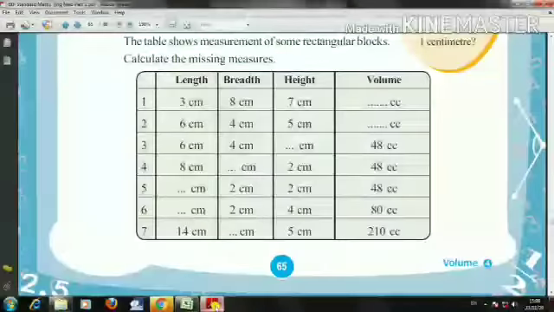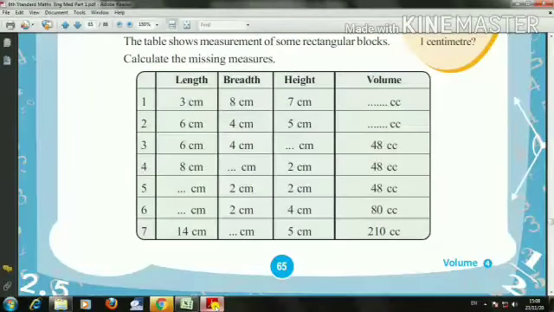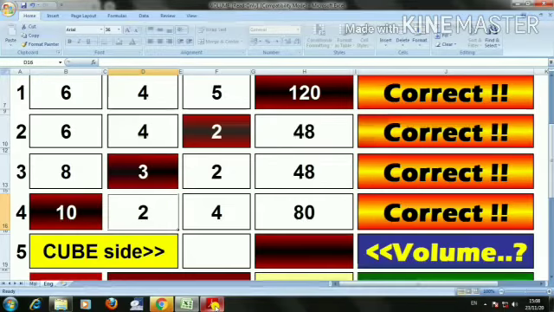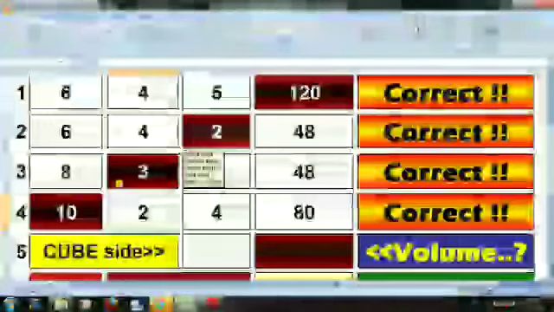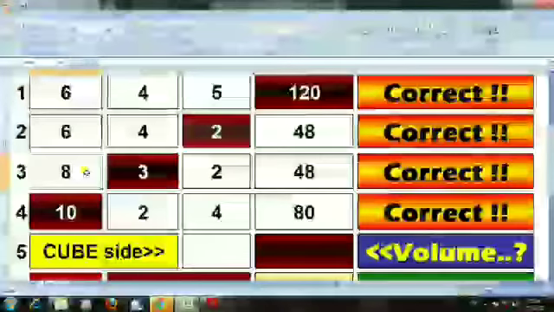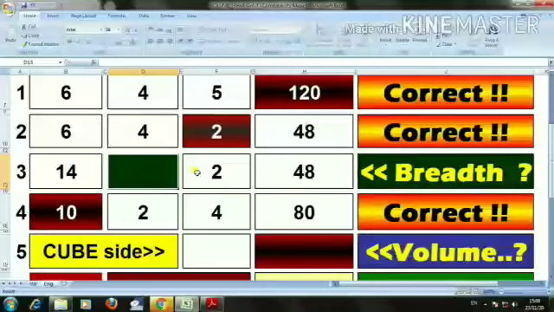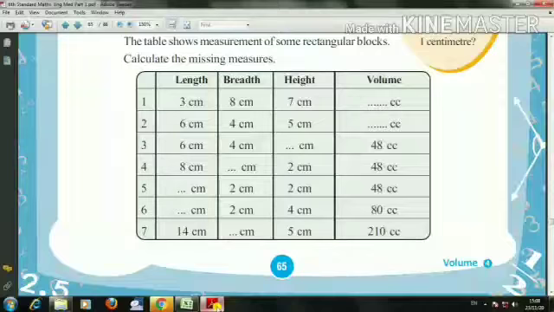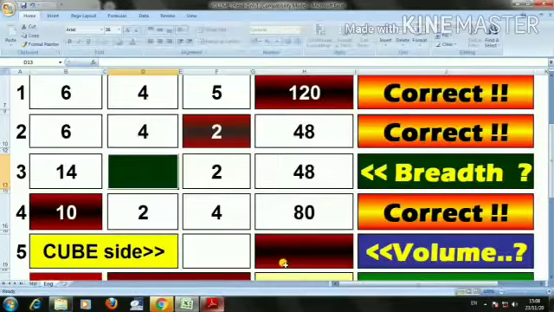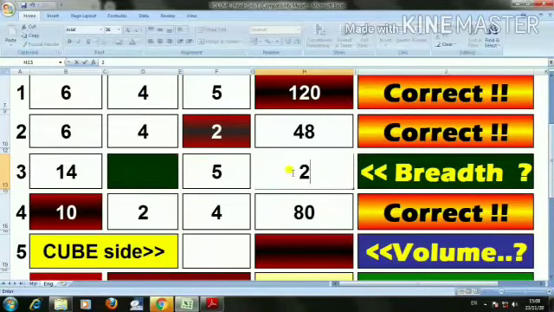Now next one, last one is 14, 5, 210. 14 is to be added here. 14, 5 to 210.